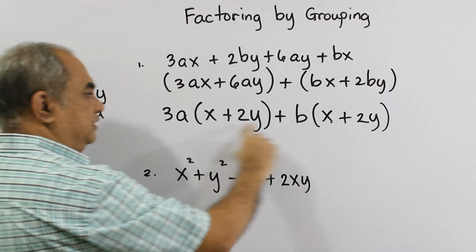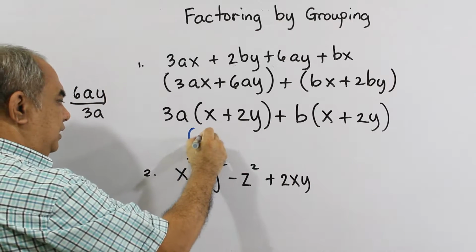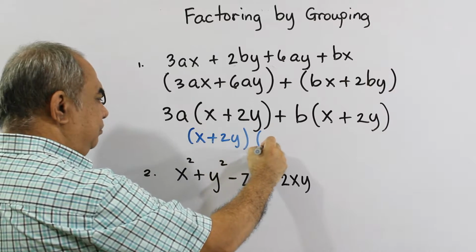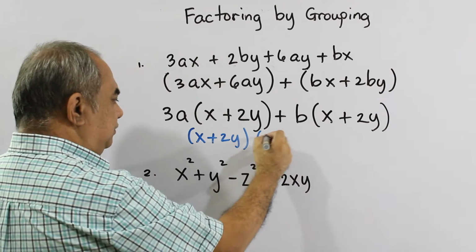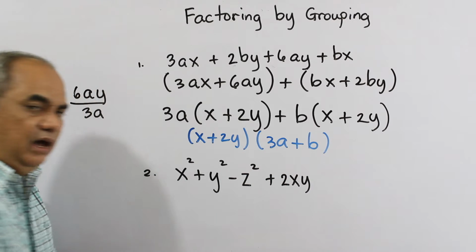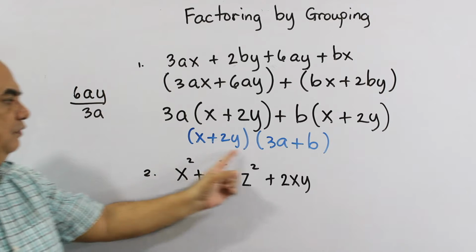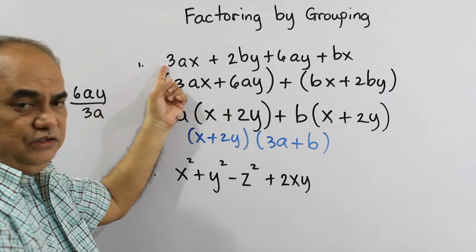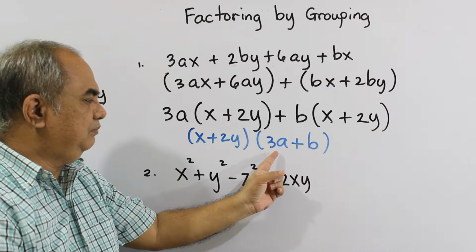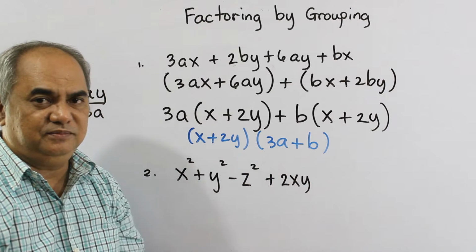So we can factor this out. We have now x plus 2y multiplied by the remaining factor, 3a plus b. And now, this is your factored form of this algebraic expression: x plus 2y multiplied by 3a plus b.